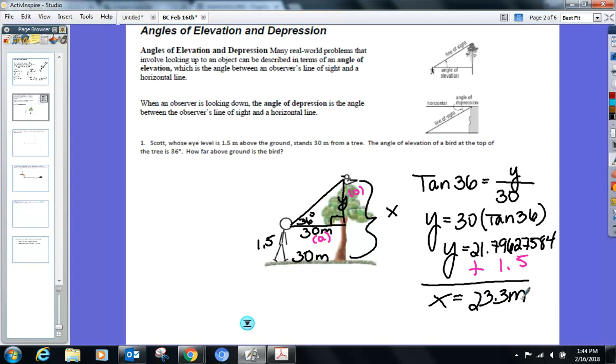I have a question about tangent and cosine. What do they mean? Are you asking how your calculator gets a value for tangent of 36?